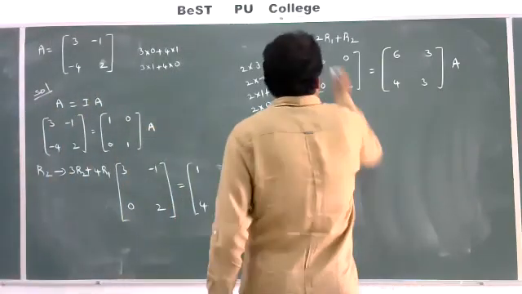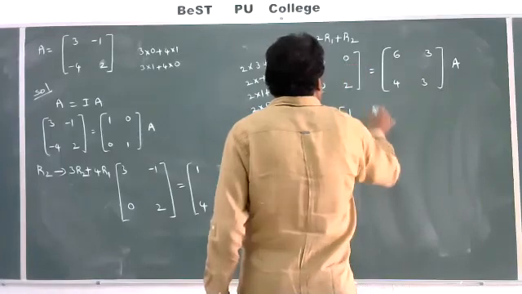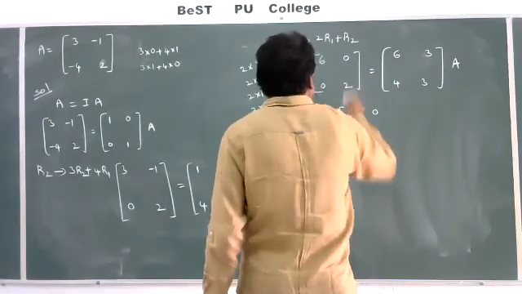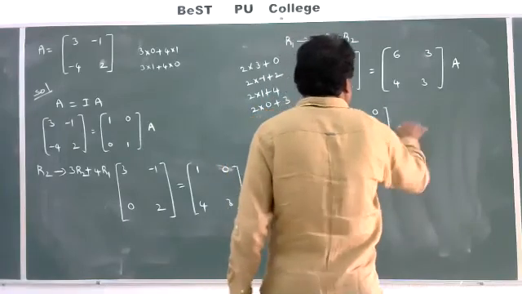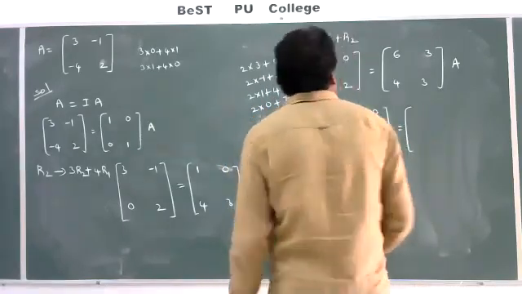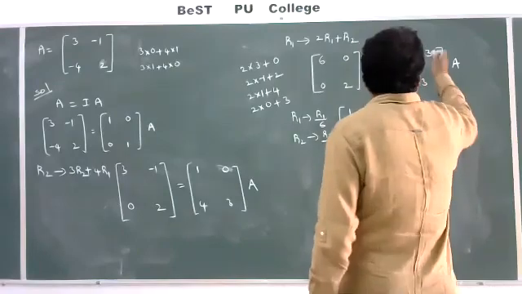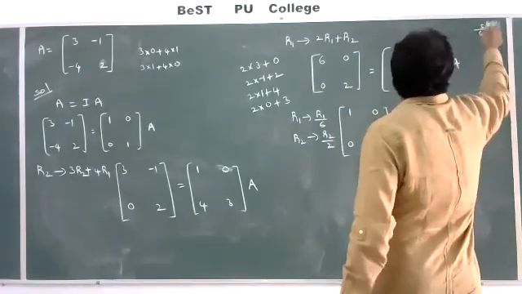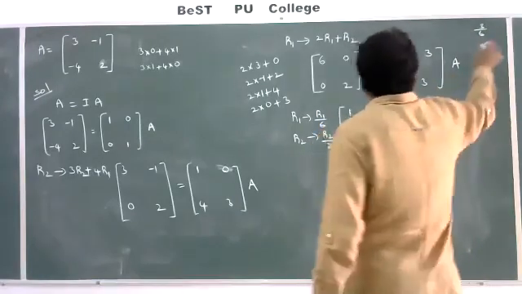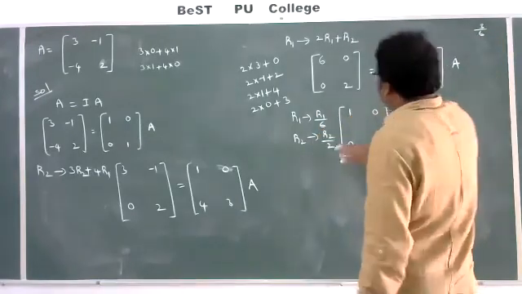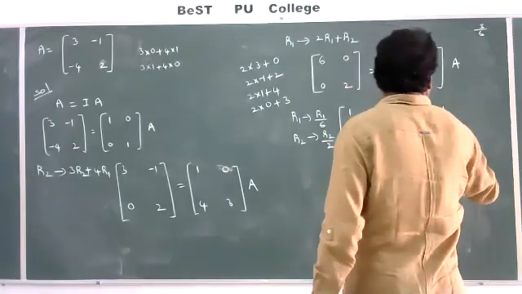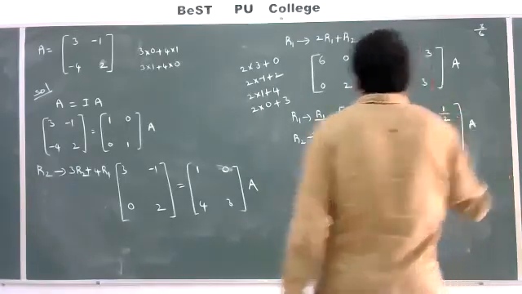That is 6 by 6, 1, 0 by 6, 0, 0 by 2, 0, 2 by 2, 1 is equal to matrix 6 by 6, 1, 3 by 6, 1 by 2, 4 by 2, 2, 3 by 2, A.